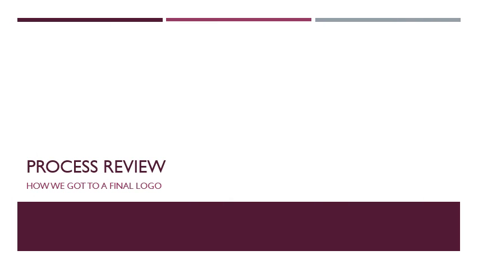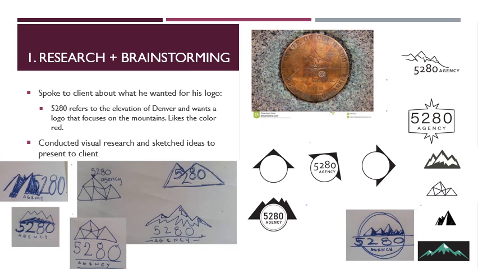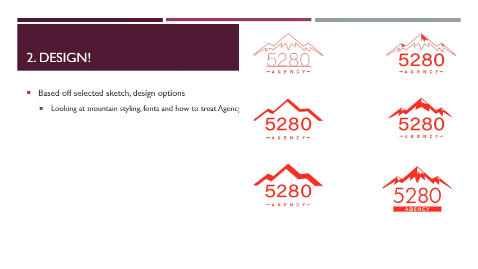Okay, so the first part, we're just going to review our process, how we got to our final logo. On the left side, third column, bottom one is the mountains that he ended up liking the best. Then I started designing.